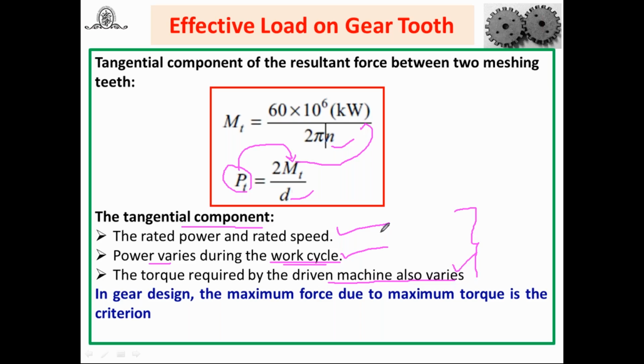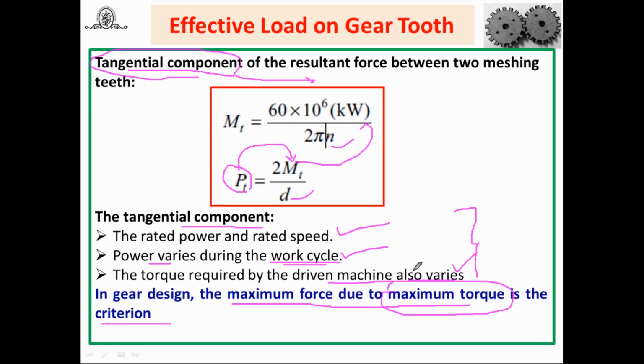Even though this tangential component is the key component to transmit power and motion, we have to consider the maximum force due to maximum torque as the criterion in design. Otherwise, what would happen? The gear is going to fail. That's why always consider the maximum torque. And why maximum torque?